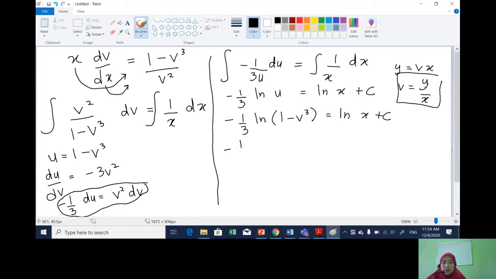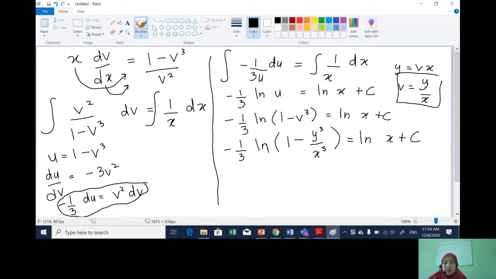Okay, so we have here negative 1 over 3 ln of 1 minus v to the power of 3. So here we have y to the power of 3 over x to the power of 3, equal to ln x plus c.